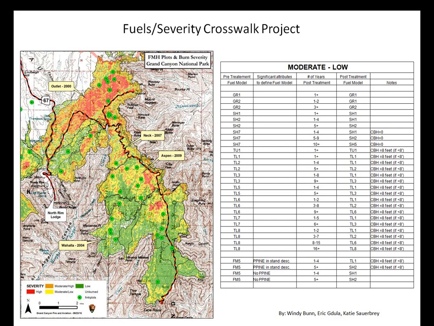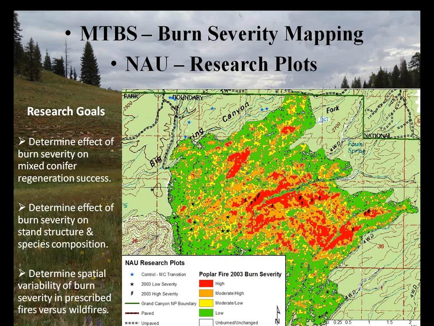So let's see, what else do I have? Okay, another project: we work with NAU, Northern Arizona University, and we did a couple of research projects. This one in particular has to do with burn severity and how it's affecting veg types and reducing competition. We looked at the transition area where the ponderosa pine met the white fir, and the question was, are we being effective with one fire going through there eliminating some of that undergrowth, that encroachment of the white fir, or does it take multiple entries to be successful?